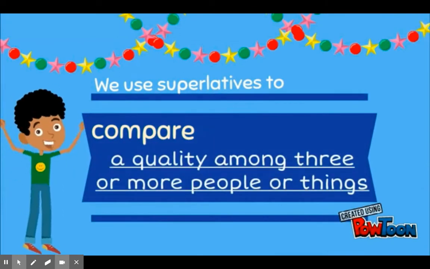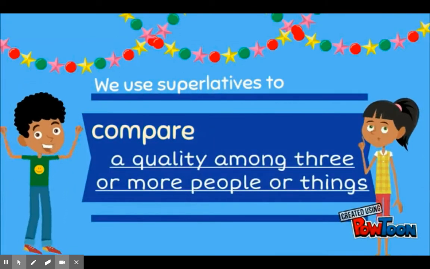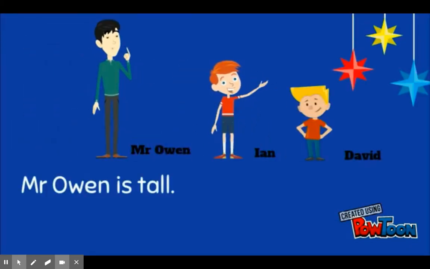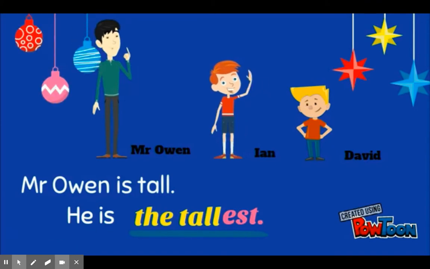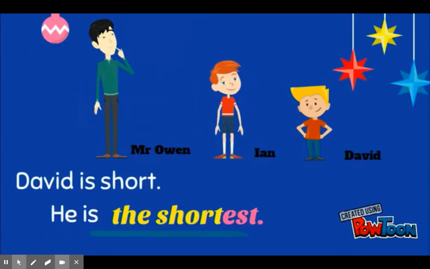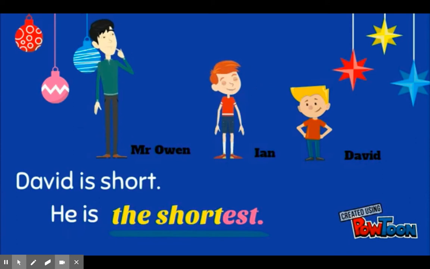We use superlatives to compare a quality among three or more people or things. Mr. Owen, Ian, and David. Mr. Owen is tall. He is the tallest. David is short. He is the shortest.